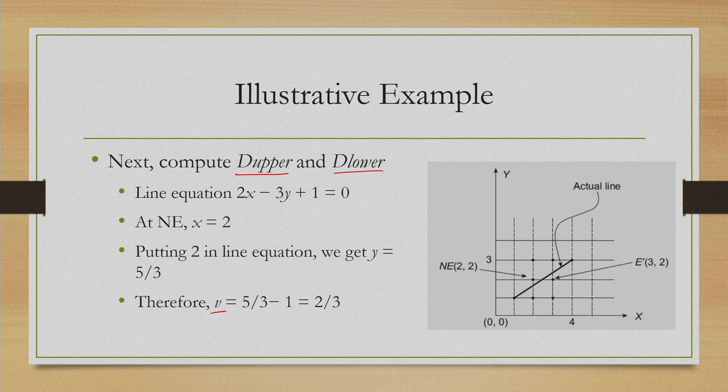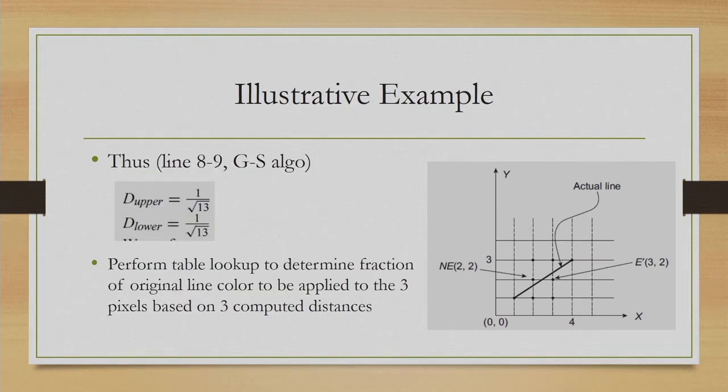So, D upper and D lower are these two values for this particular pixel NE. So, we have D upper, D lower.